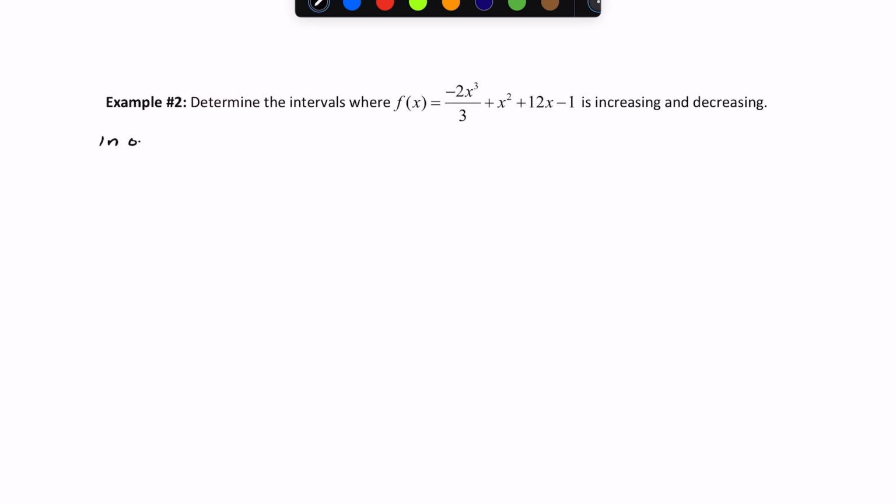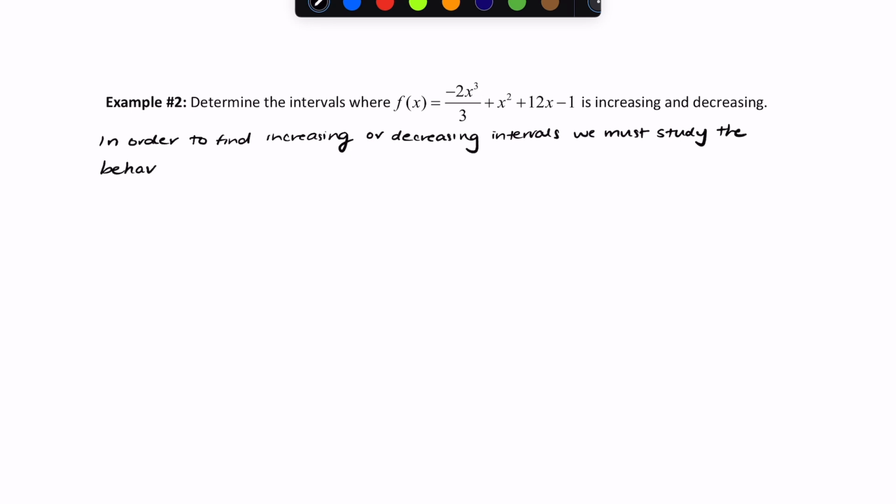So in order to find increasing or decreasing intervals, we must study the behavior of the first derivative. Okay, so let's take a look at this.